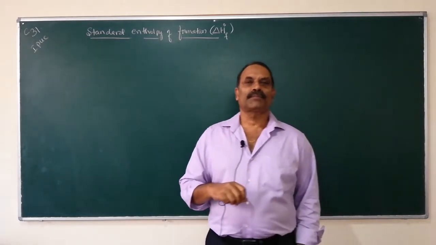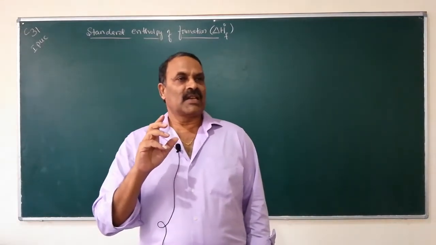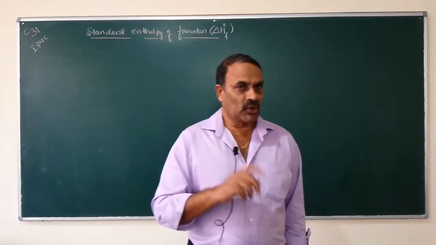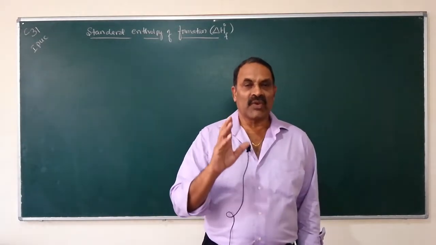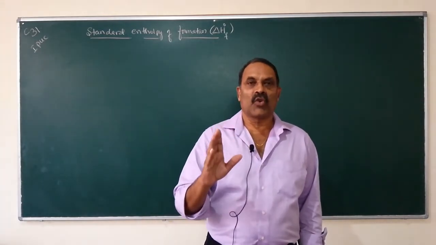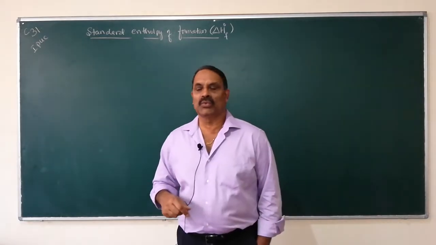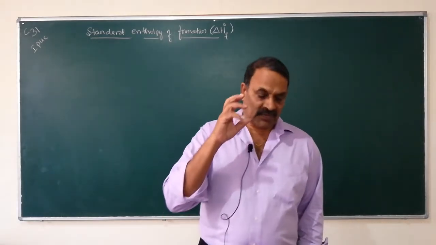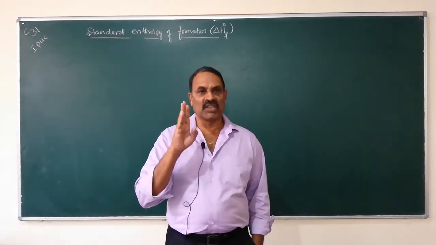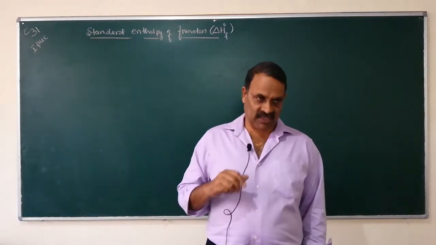Number 1, the physical states of reactants and products. Number 2, the quantity of reactants reacted. Number 3, the allotropic forms of the reactants. And number 4, the conditions of pressure and volume. So, these are the 4 factors which affect enthalpy of reaction.